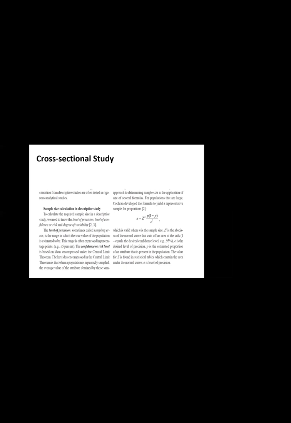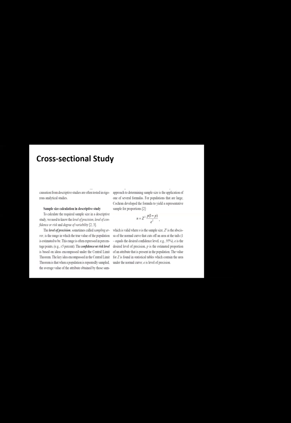Sometimes you can't even find prevalence. Let's say someone was looking at student perception about sexually transmitted diseases. Nobody might have assessed student perception. So in this case, you assume maximum variability.